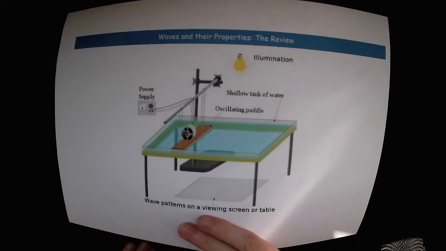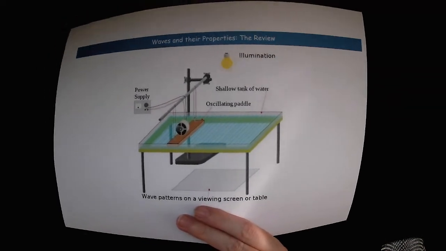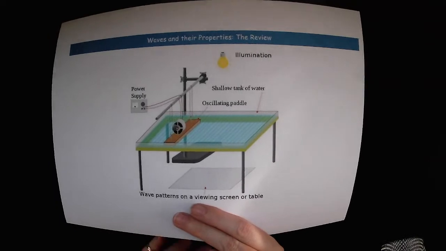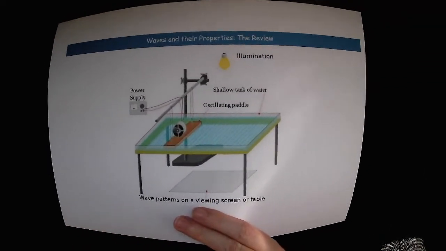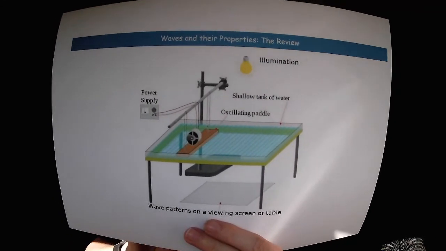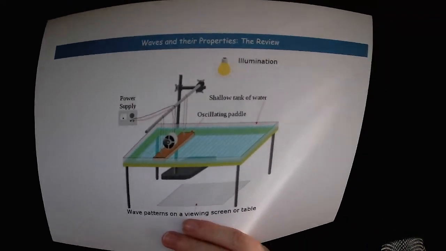Clearly not a very accurate way to do this. The improvement there is to use a bit of equipment we call a stroboscope, which basically is like a strobe light, and what it does is it freezes the wave, and therefore we can measure it with a ruler far better because the waves appear to stop. Obviously they don't really stop, but they appear to, so we get a better measurement.